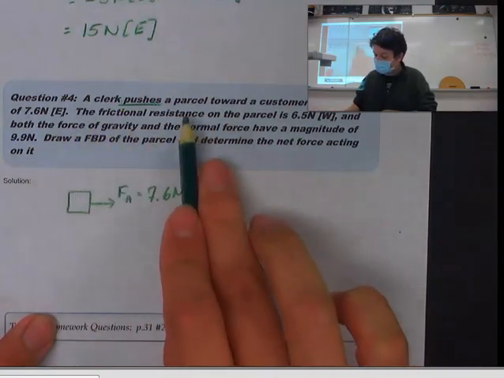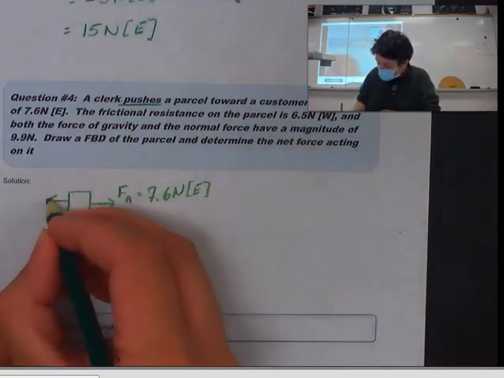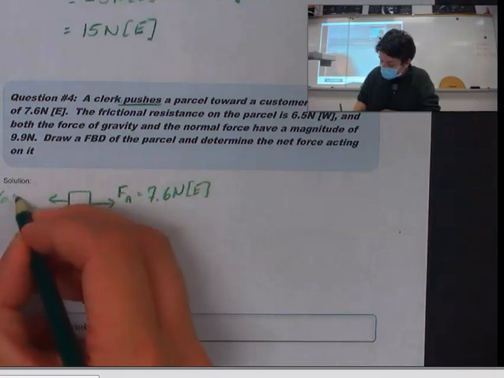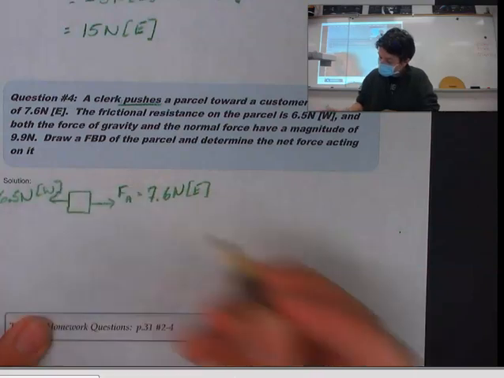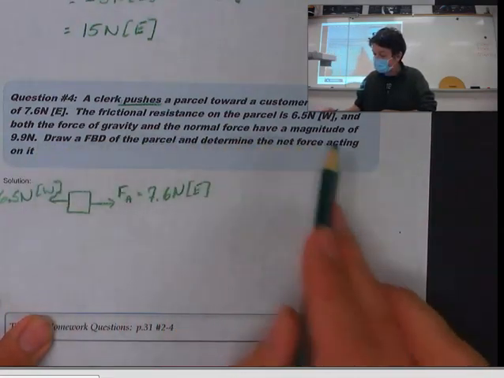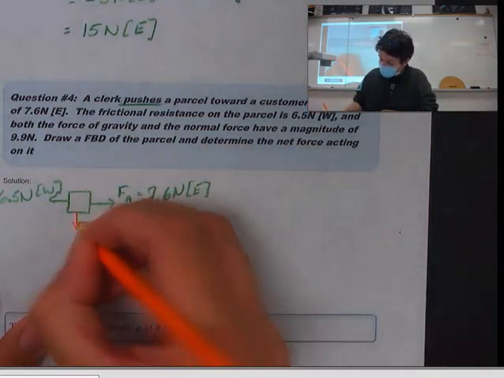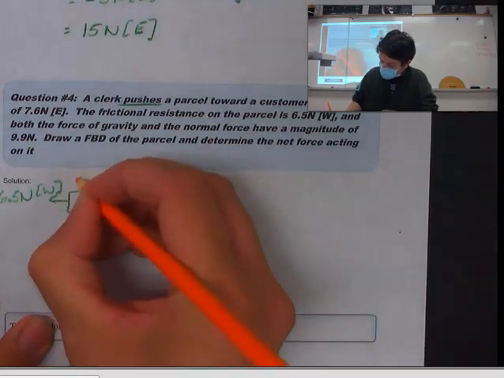The frictional resistance on the parcel is 6.5 newtons west, so let's write a frictional force of 6.5 newtons west. And both the force of gravity and the normal force have a magnitude of 9.9 newtons. So we have gravity down and normal up, 9.9.